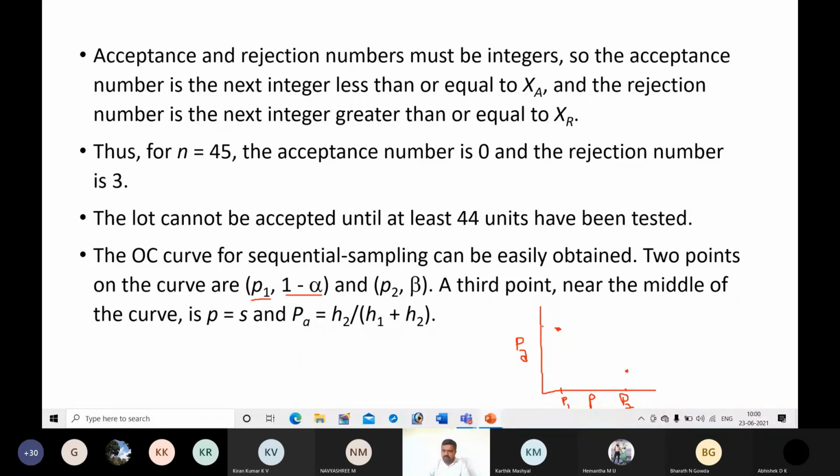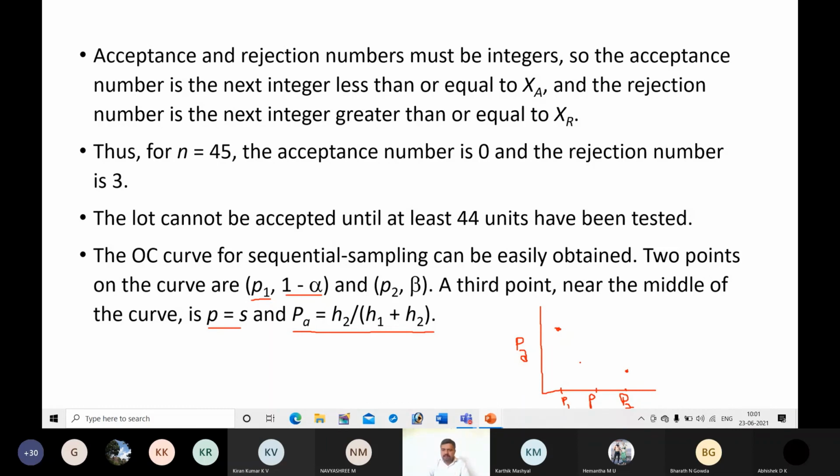Next, the third point near the middle of the curve is P equal to S and PA equal to H2 by H1 plus H2. Using this, you can consider one more value S. Suppose your S lies at this point, and depending on the PA value, you will get one more point.